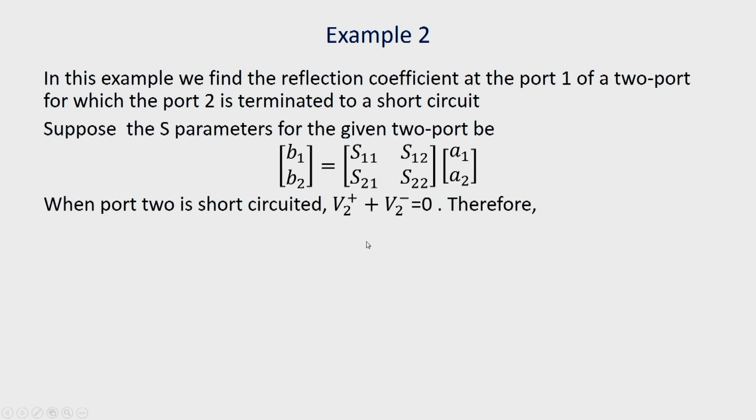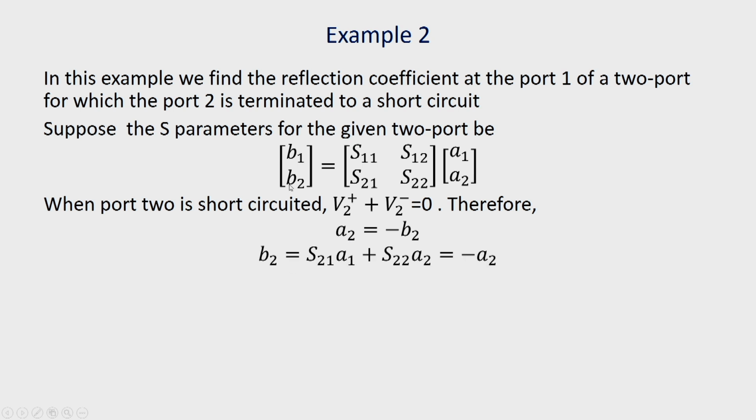So, when we put a short circuit at port 2, V2 becomes 0 and V2 is V2 plus plus V2 minus. So, when this term becomes 0, essentially A2 becomes equal to minus B2.